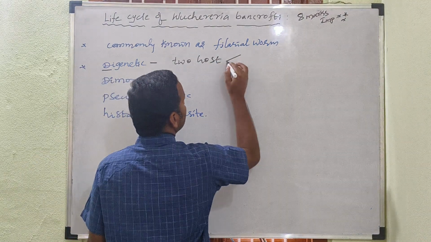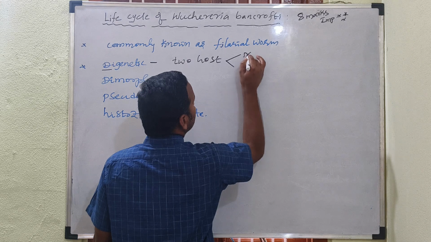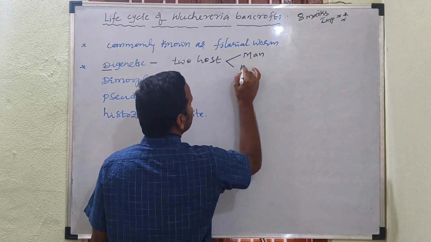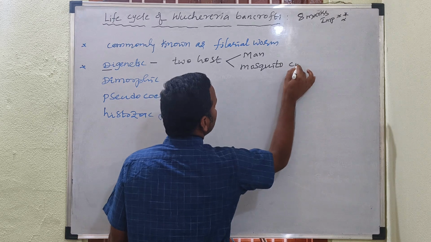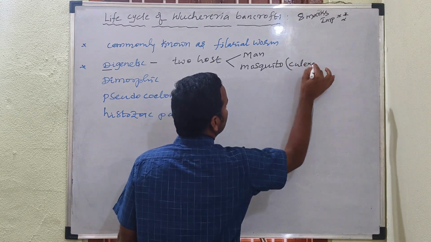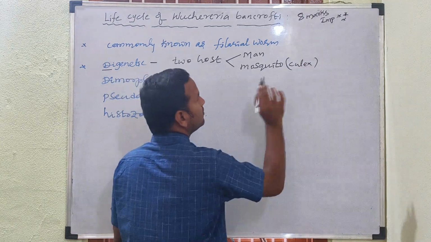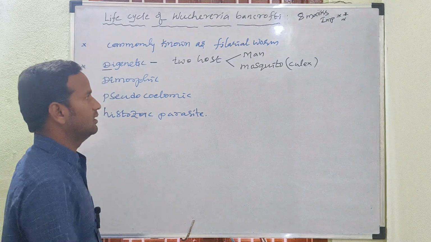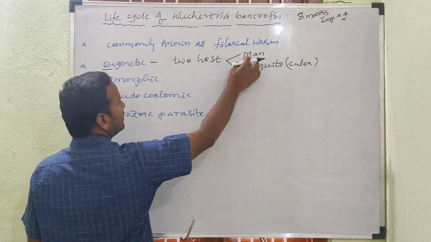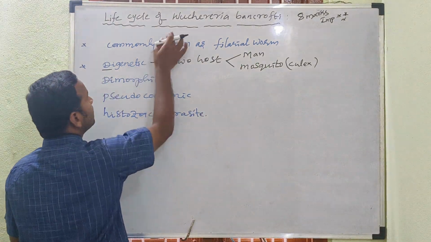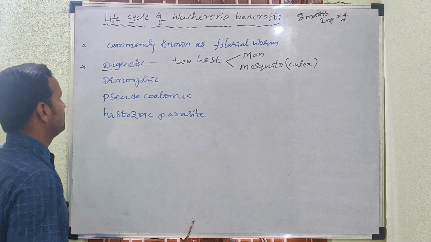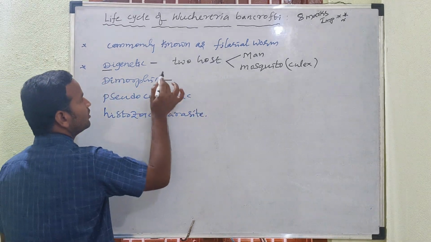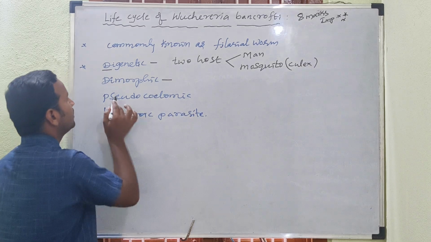One is man and the second host is the mosquito, especially the Culex mosquito. Man is the primary host for Wuchereria bancrofti. Mosquito is the secondary host.